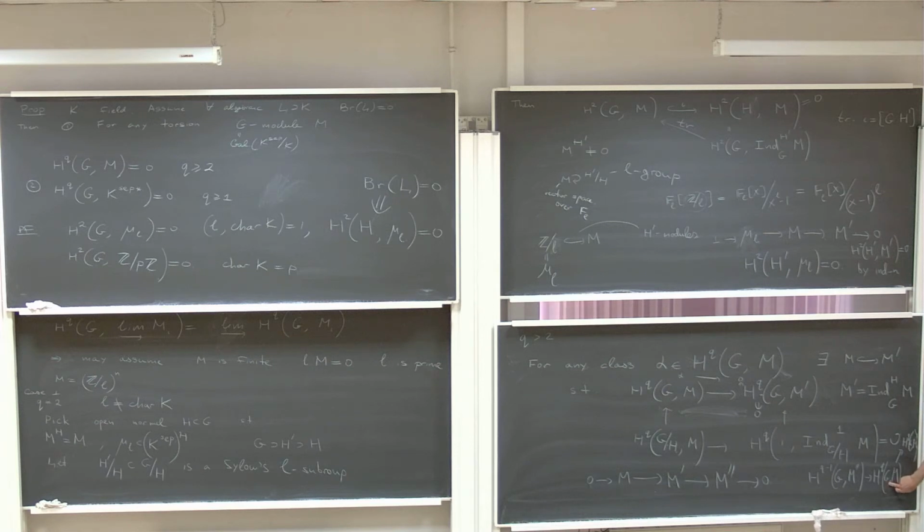So I have a class here, it dies here, but this group is 0 by induction.